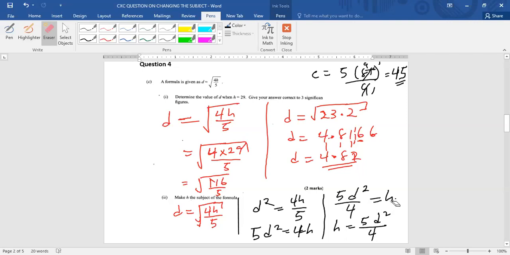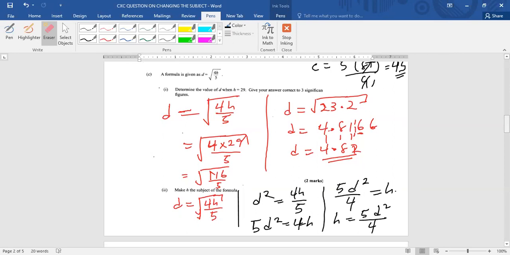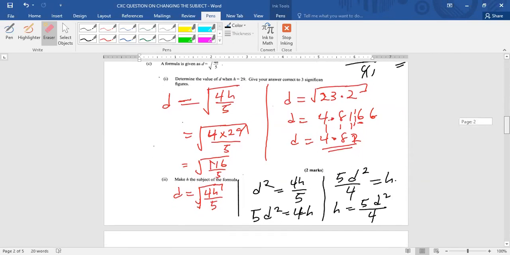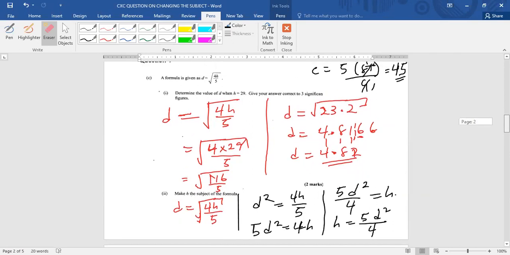You understand that? Yes, sir. What did he do with the cross multiply, sir? When he said 5d square and 4h, he got the same thing, right? Yeah, the same thing. Good. So everybody clear so far?